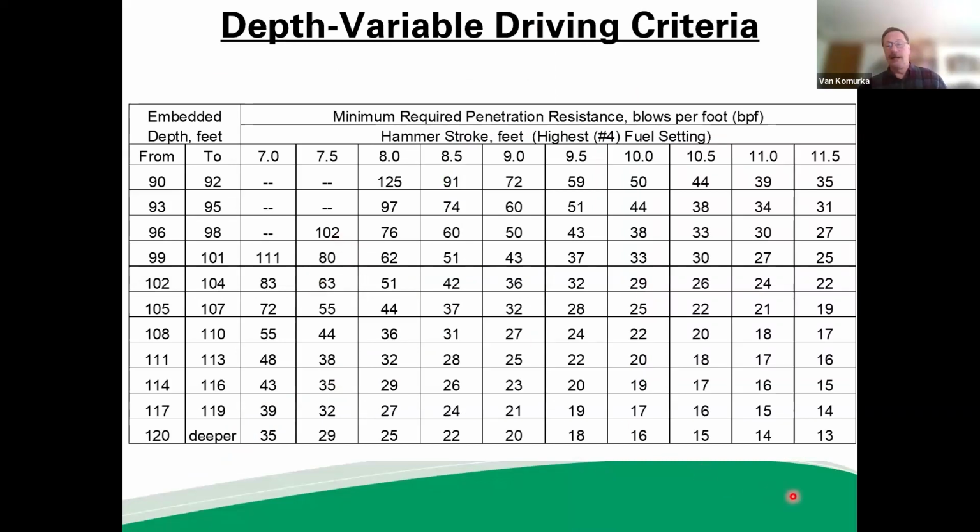So the result of that is a driving table that's provided to the inspector like this. Now, this is a driving table that's been generated for a variable stroke, variable energy hammer. But if you had a single acting hammer like an air hammer or a fuel hydraulic hammer that you were going to put on one setting, this table would be one column. But let's just look at the 9-foot column.